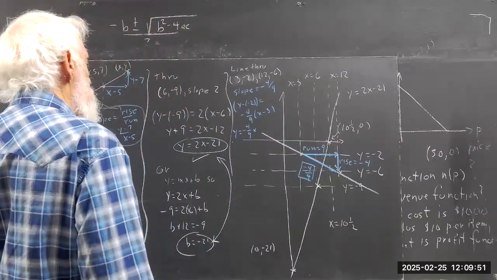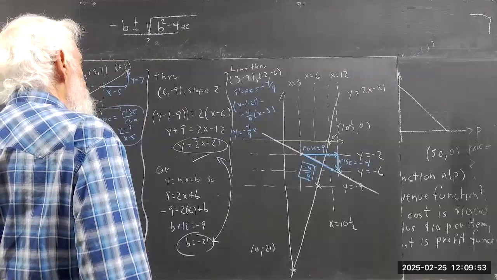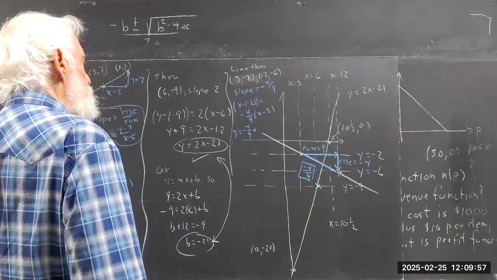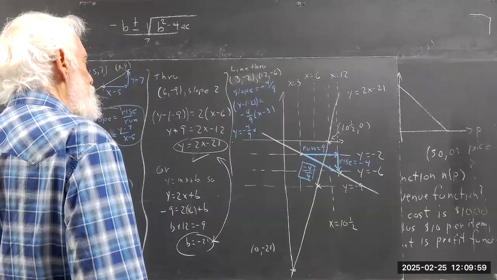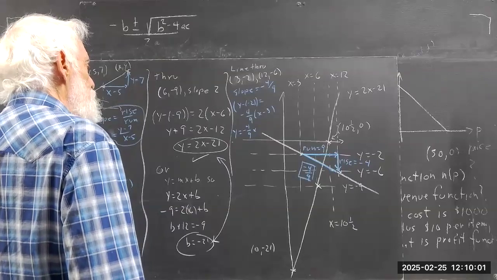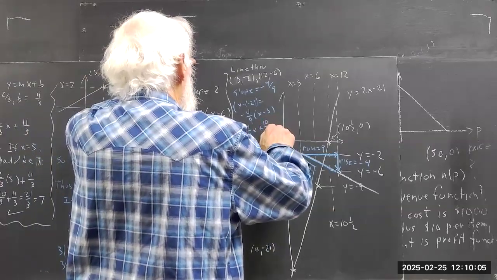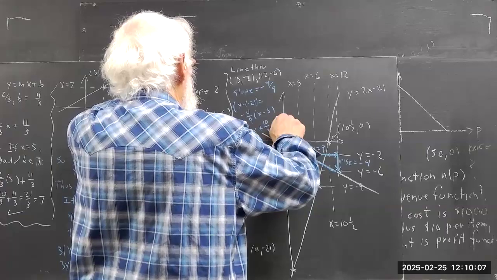And then we get -4/3, which I'm going to add to 2, which is 6/3. I think plus 10/3.